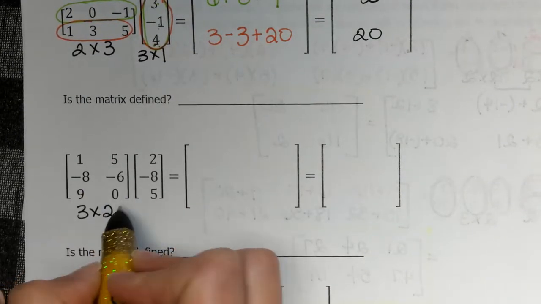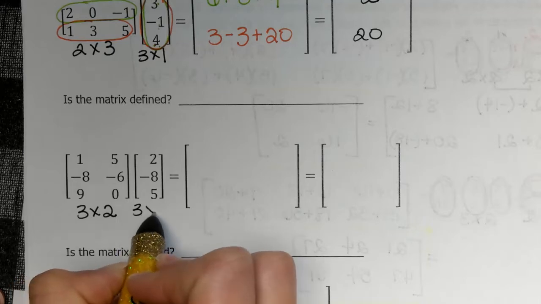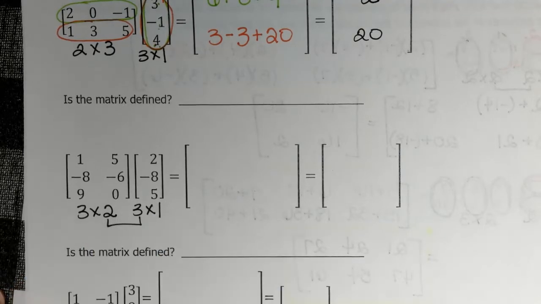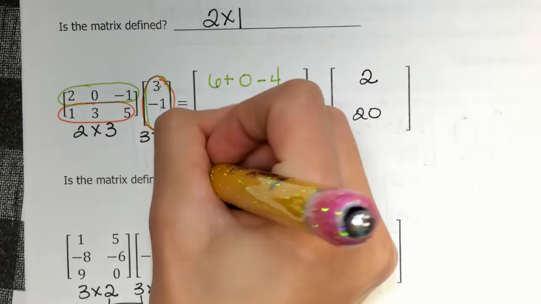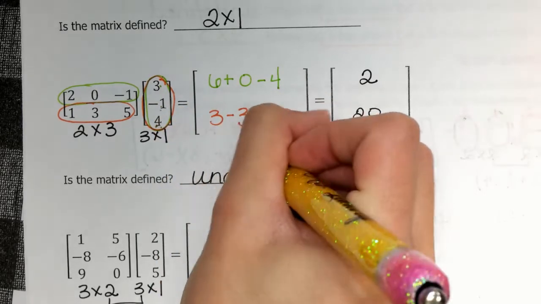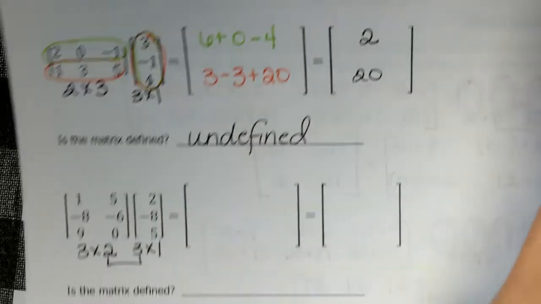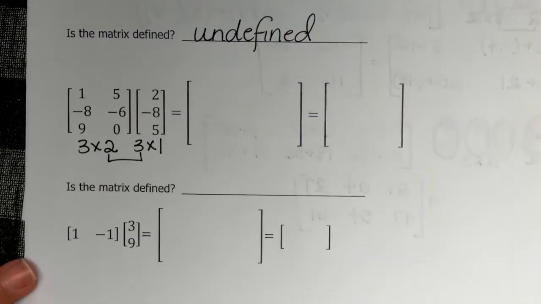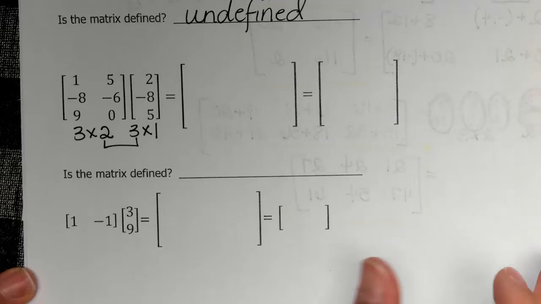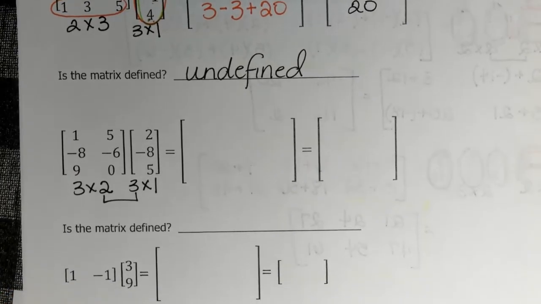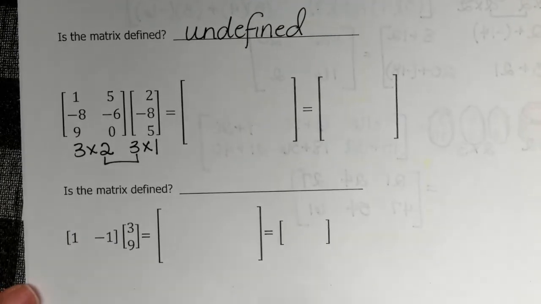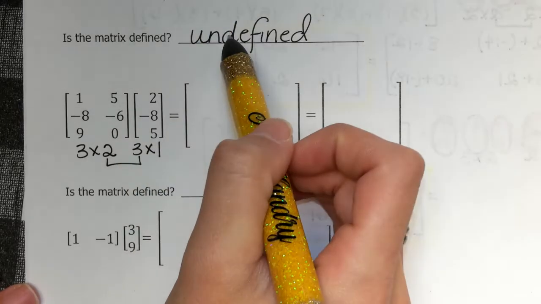So this is a 3 by 2, and what is this? 3 by 1. So can I multiply it? So what do I write? Undefined. And there's no work to be done because you can't do it. Okay? Does that answer your question? How that was undefined?